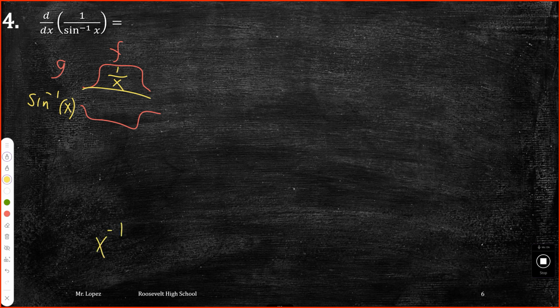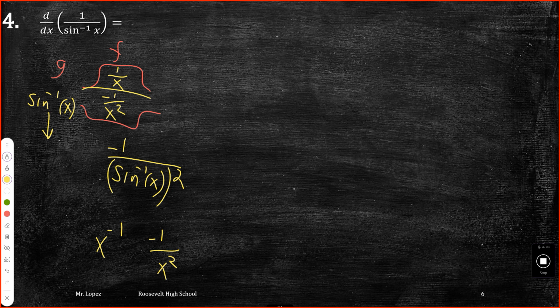That'll be X to the negative 1. The derivative of X to the negative 1 will be negative 1 over X squared. Evaluate it here, so it's going to be negative 1 over sine inverse of X, the whole thing squared, if you want to write it like that, it's fine. That should be good. And then the derivative of this is what?